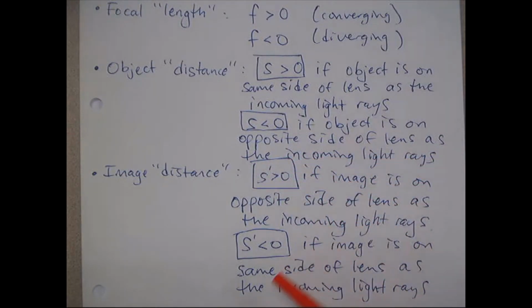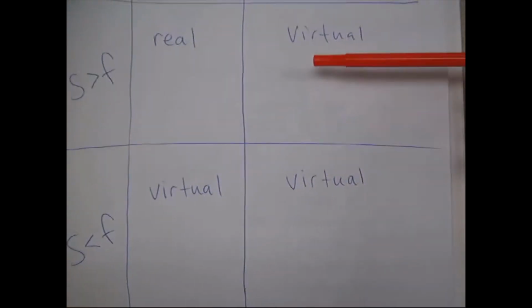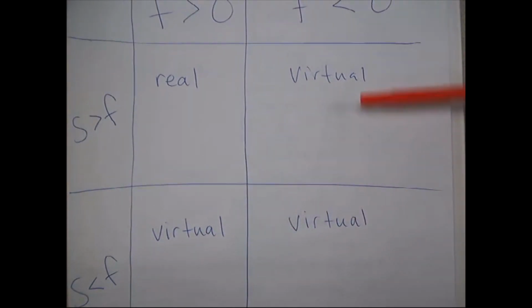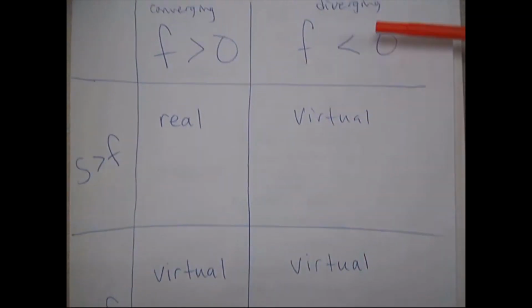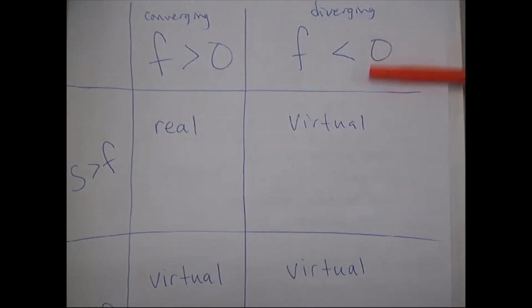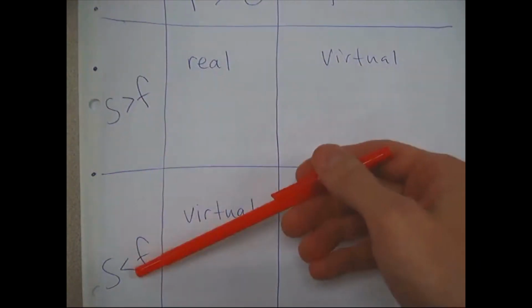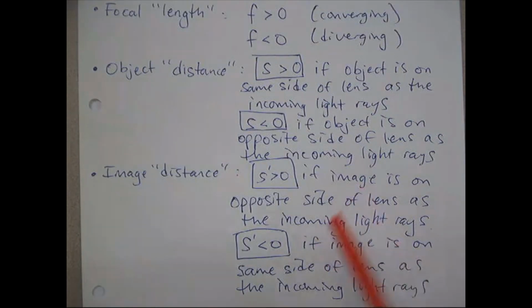The other three situations in that diagram all gave us virtual images. So every situation with a diverging lens, regardless of the relationship between s and f, will give you a virtual image, and s prime will be negative.